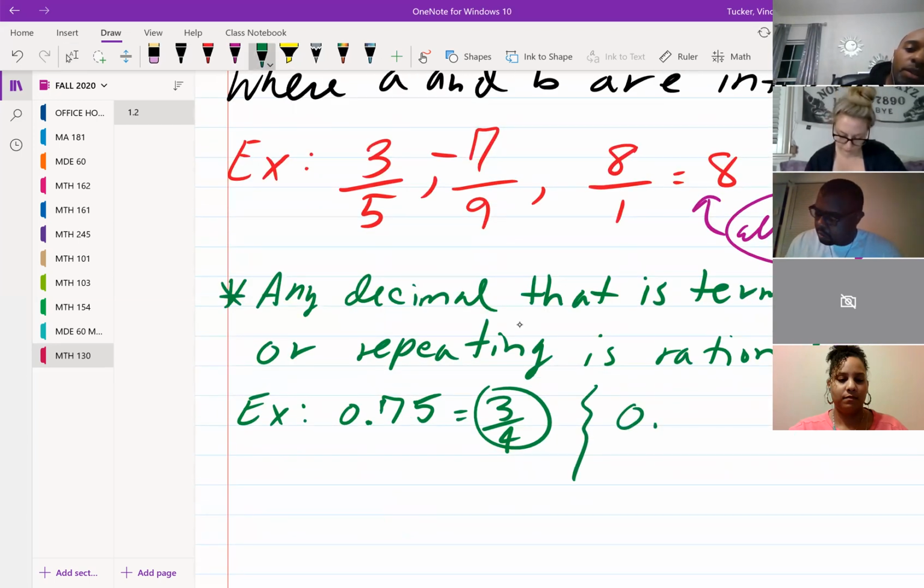Let's go 0.3 repeated. That's the same thing as 1/3. So if a decimal is terminal, in other words, it has an end, or it repeats on to infinity, then they will be considered rational as well.